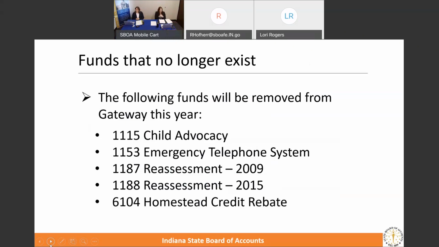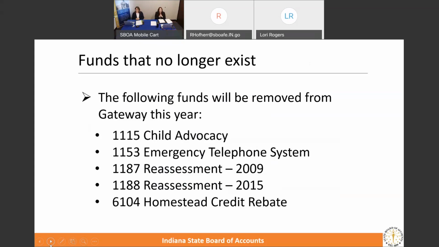But currently, the counties are using a 4-year cycle to reassess all property, and the fund was established to account for the costs of that reassessment, and so now we have a reassessment fund, which is just called reassessment fund. There's no year attached to it, and that's 1224. It's the only reassessment fund you should have, so you should close those other 2 out, okay?